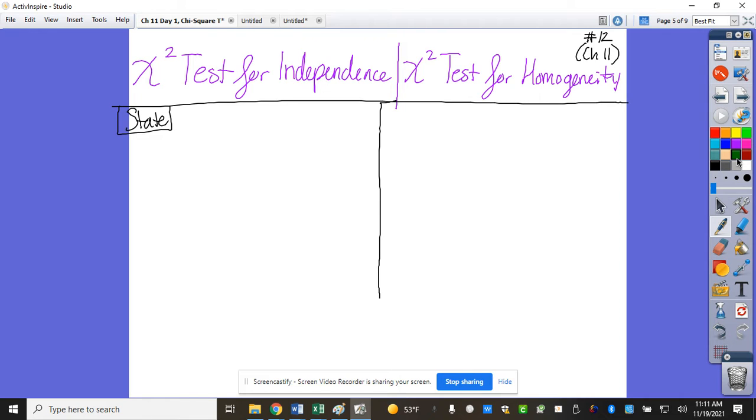So we're just going to go straight into population because we can't define it within anything else. So I'm going to do the independence one first. And since we don't really have to specifically define any new variables, we just go straight into null hypothesis because we're doing a test.